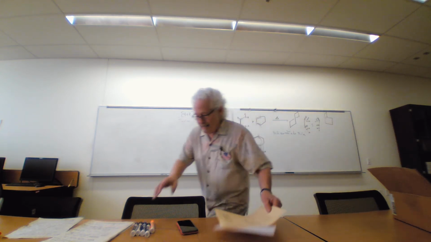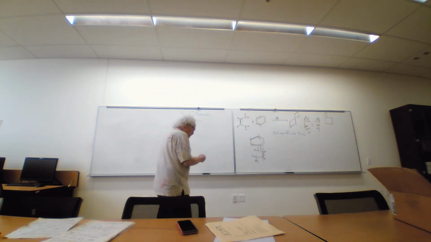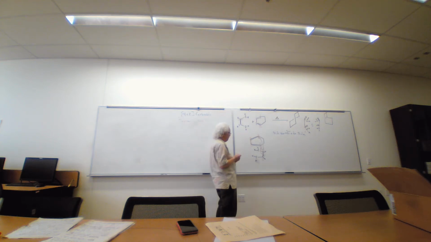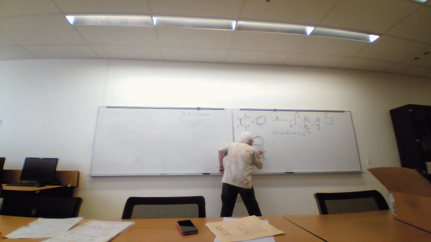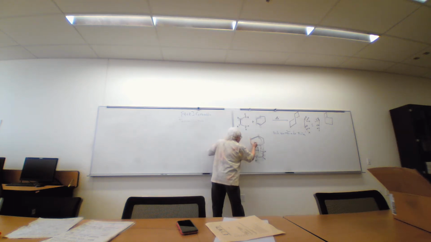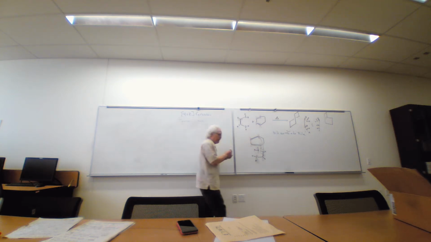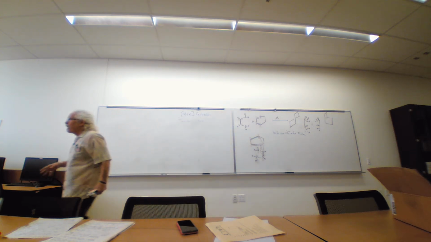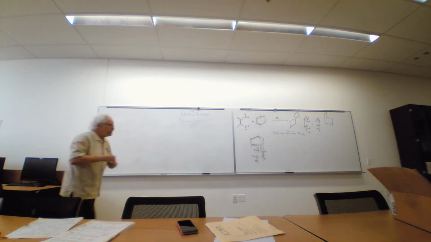But that's the mechanism. The reason why is it's well known now that that's what the electron withdrawing groups are. These have p orbitals too. And these p orbitals interact at the transition state with these interior p orbitals. And that stabilizes the transition state.